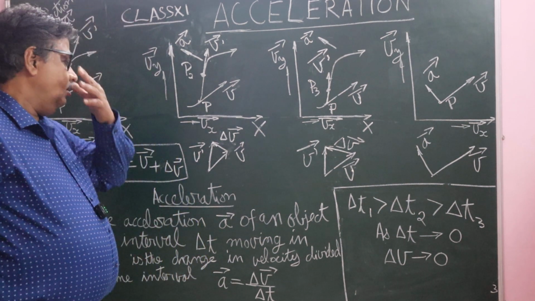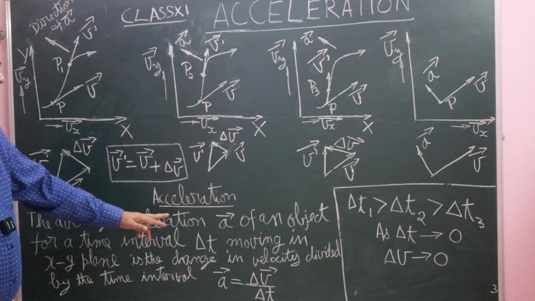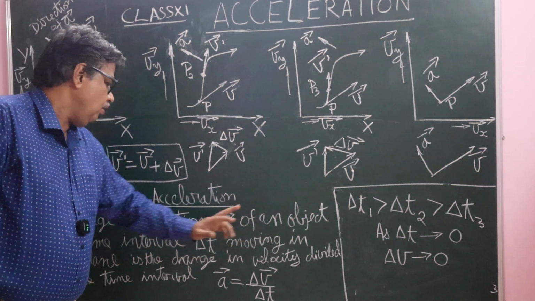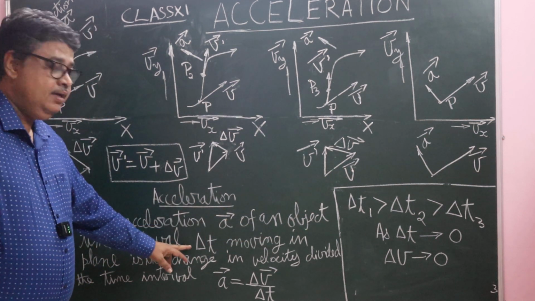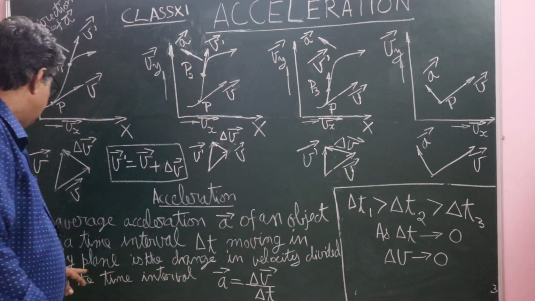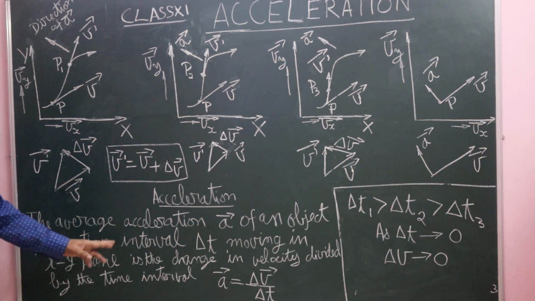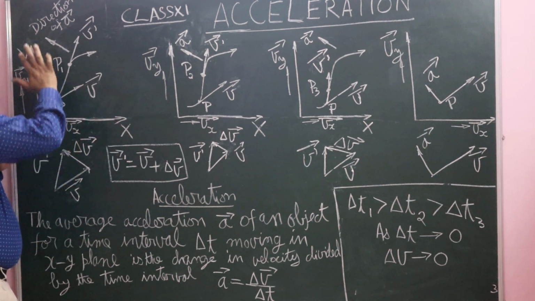So here the average acceleration, denoted by a vector, of an object for a time interval del t moving in an xy plane is the change in velocity divided by the time interval. This is the xy plane, this is x axis, this is y axis.